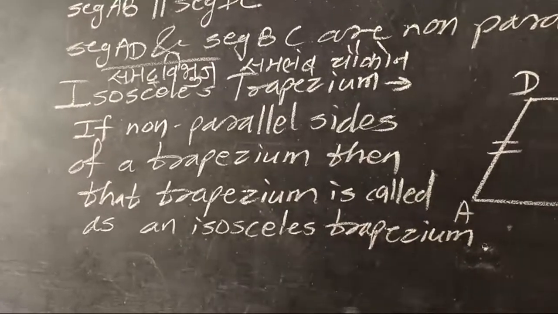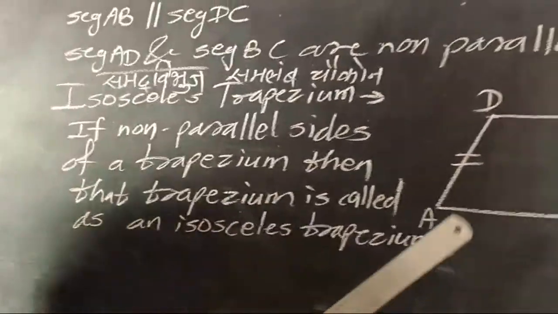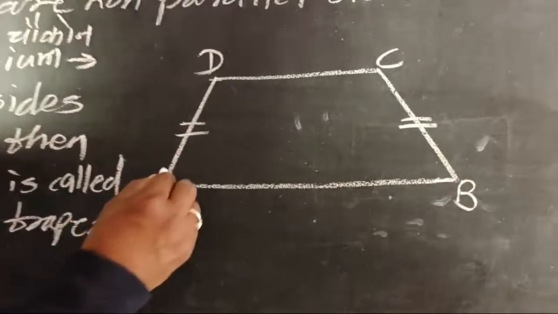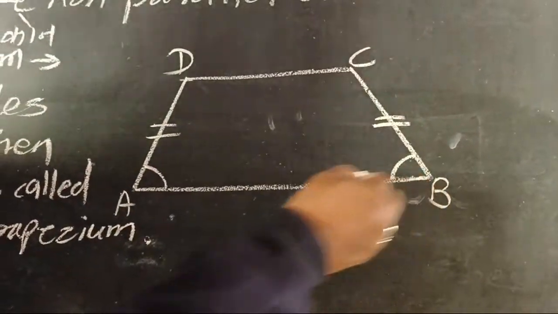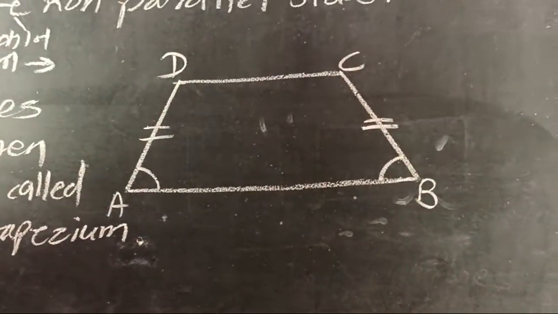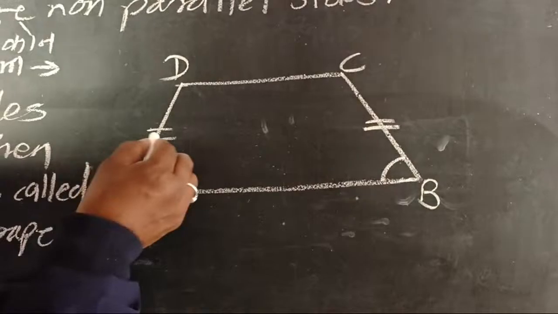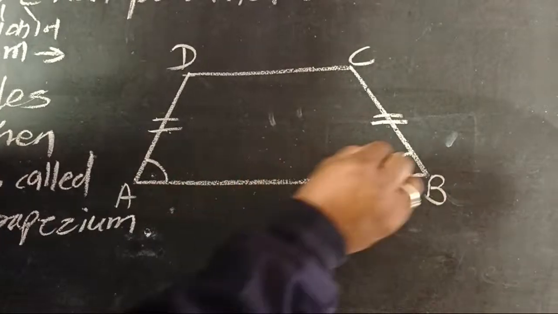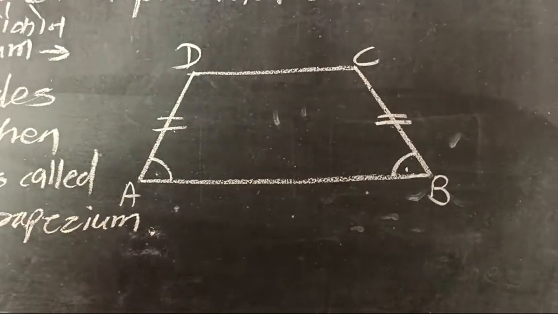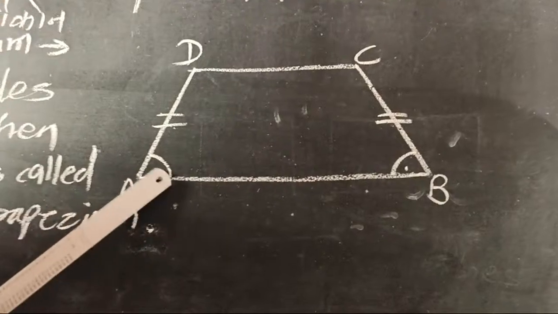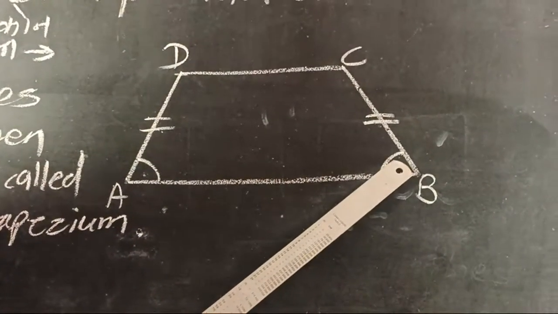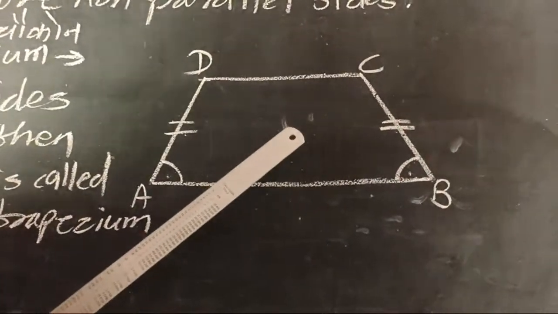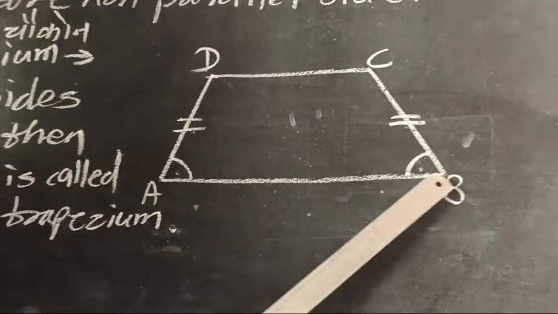And we get here the property of an isosceles trapezium. Angle A and angle B are base angles, and because the non-parallel sides are congruent, therefore these angles also we get congruent, meaning the base angles of an isosceles trapezium are congruent.